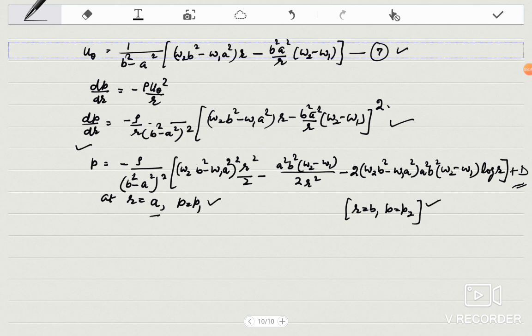If I consider this condition, I will get the value of d, and then putting this value of d here, I will get my p. So this will be your p, that means pressure distribution. You calculate it from this expression 8 using this condition 9, you will get d, and you will get your pressure distribution.